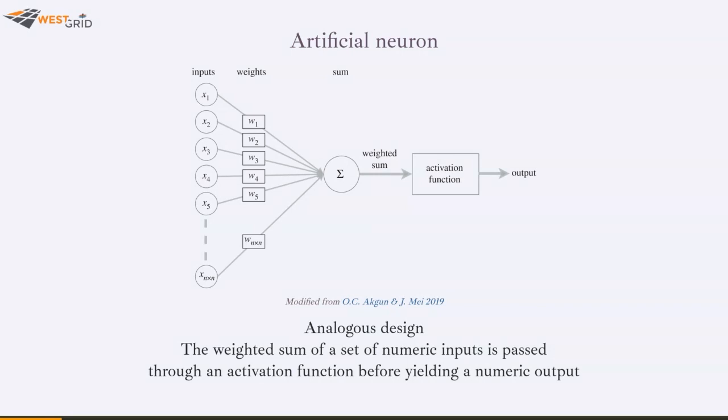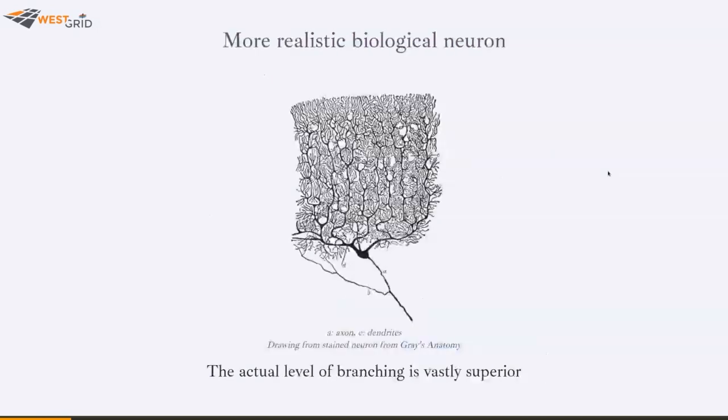And artificial neurons, the way they function is very different, of course, but the design is analogous. You have inputs that are weighted and summed, and this weighted sum is then passed through an activation function and gives an output. So the idea is similar.